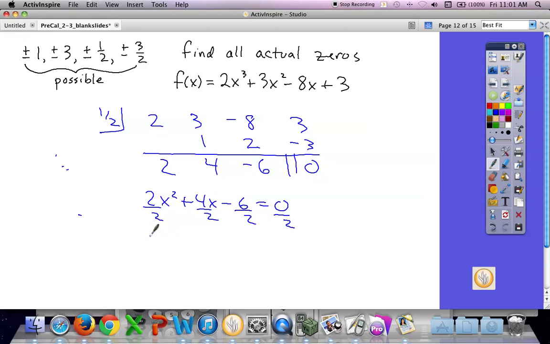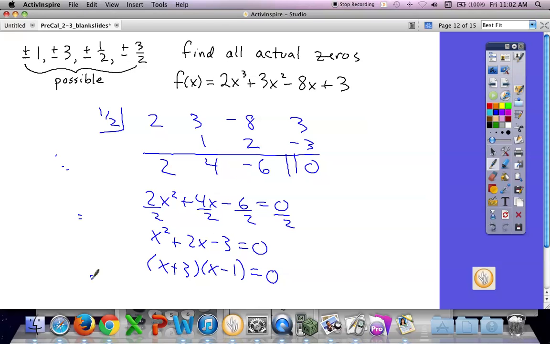Right, that gives me x squared plus 2x minus 3 equals 0, but that is easily factorable, right? (x plus 3)(x minus 1). So what are the other 2 zeros? -3 and 1, the ones we actually already saw.